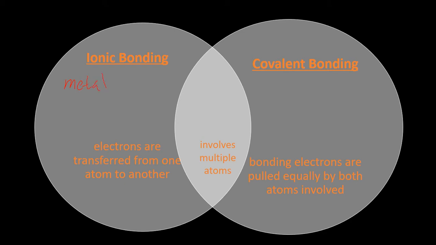There are no metals in covalent bonding. So therefore, if I said non-metal, it's in covalent bonding, but it's also in ionic bonding. So you would want to put non-metal in the middle because there's a non-metal in both ionic and covalent.